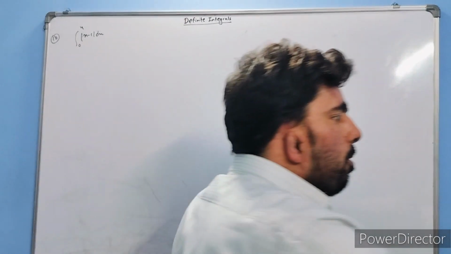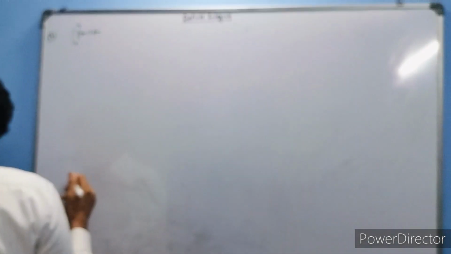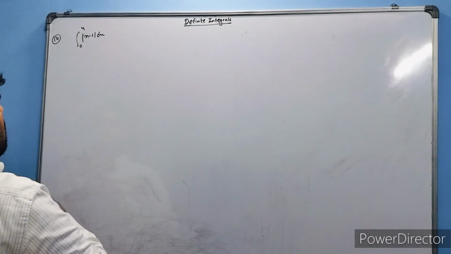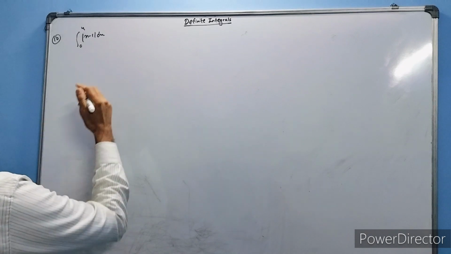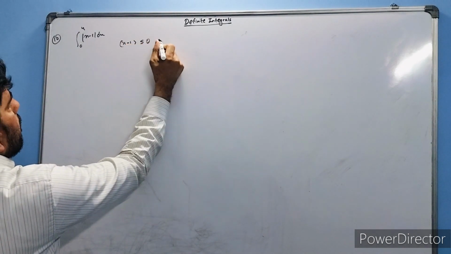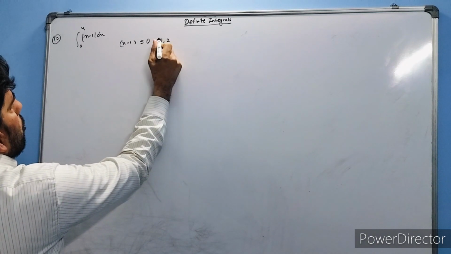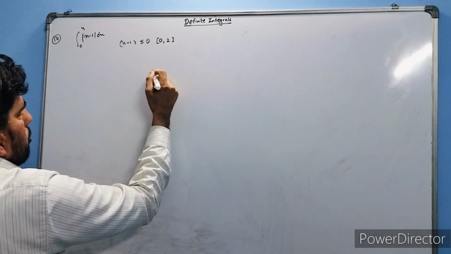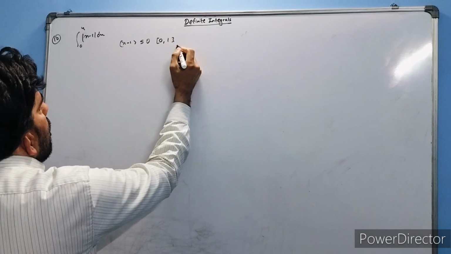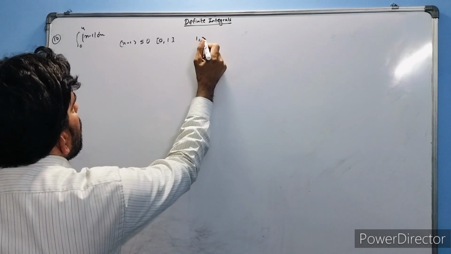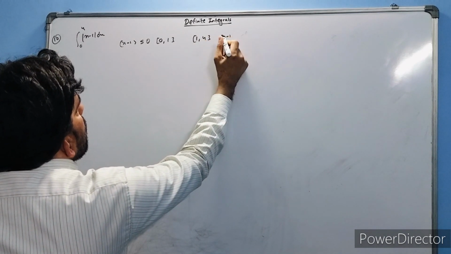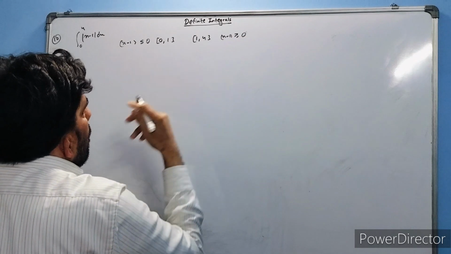Okay, so now what we need to apply is, what we know, x minus 1 will be less than or equal to 0 for 0 to 1, and from 1 to 4, x minus 1 will be greater than or equal to 0.